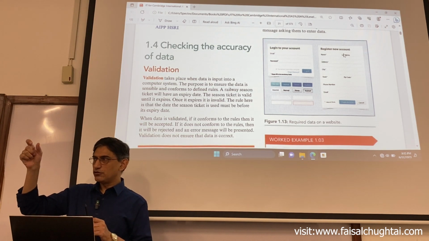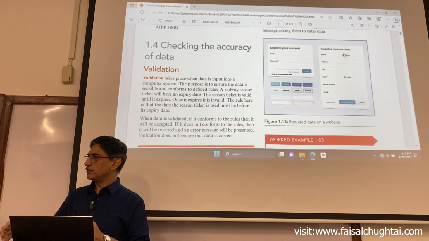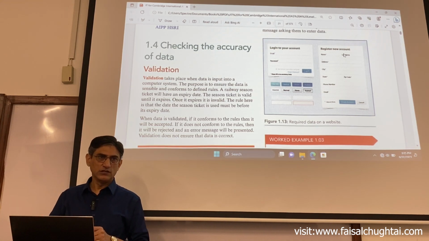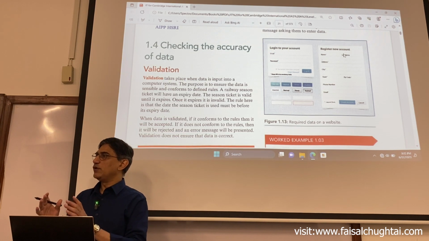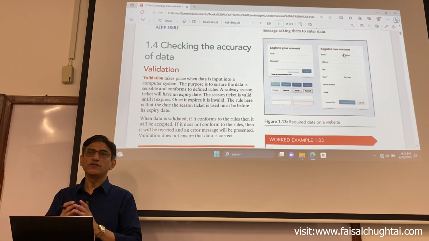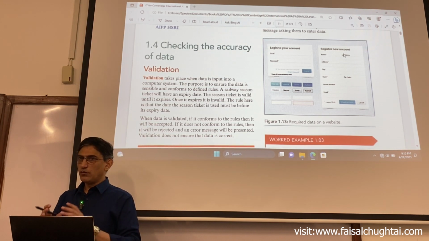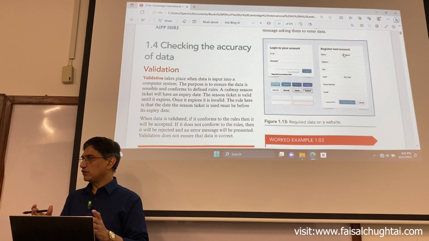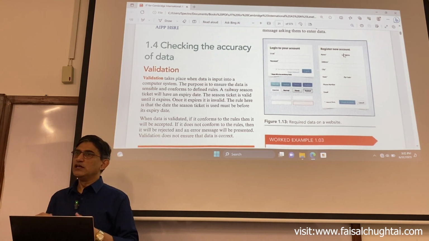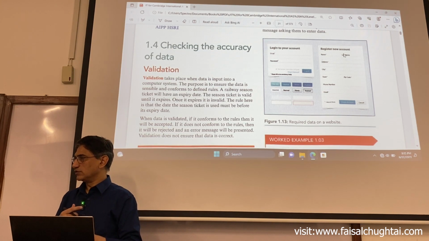Instead, you are given a drop down menu, and then there's an entire list of countries available. You just have to pick and choose. This is one example where typing is being eliminated, or the need for typing is being minimized. And why are things designed in this way when data is being input? To reduce the amount of typing that you would require from the user.